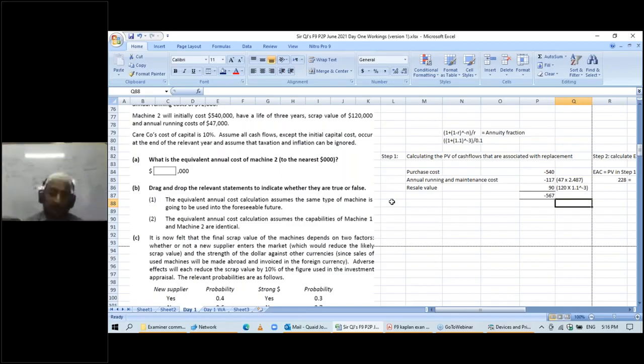That's correct. We just need to decide in this replacement decision what the time interval for replacement of the assets will be.